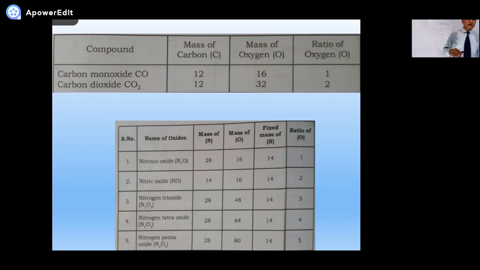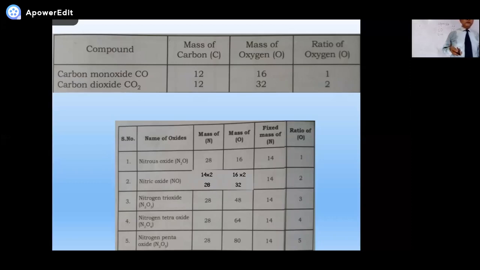Just below it, NO: what is the mass of nitrogen? 14, because there is only one nitrogen. And what is the mass of oxygen? 16. 14 and 16. If you multiply it by 2, look at the screen, we are multiplying by the same value, so overall there will be no net change at all.